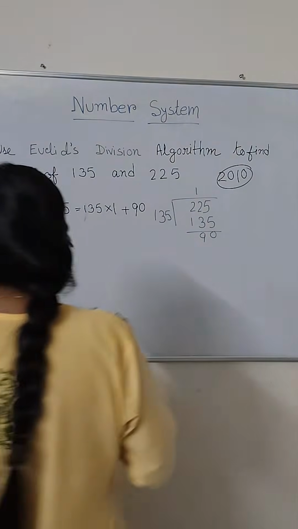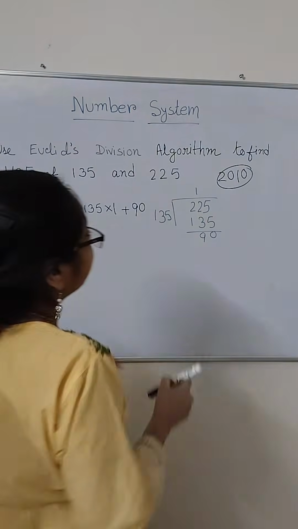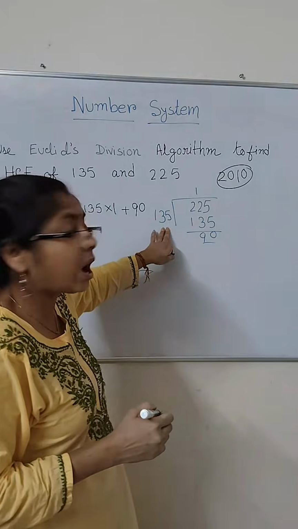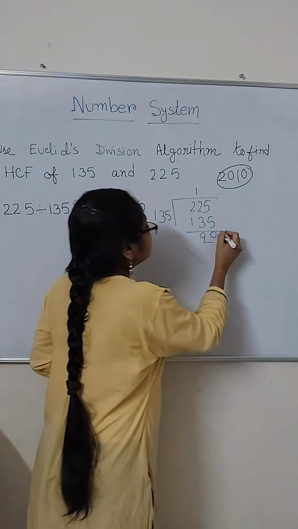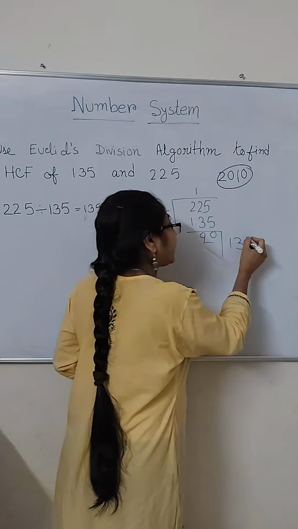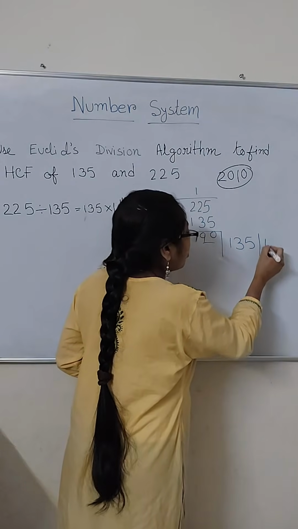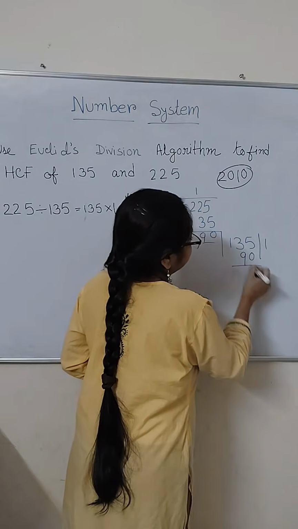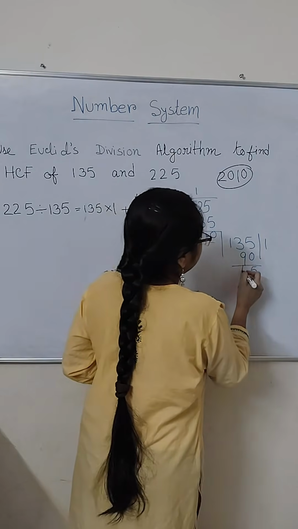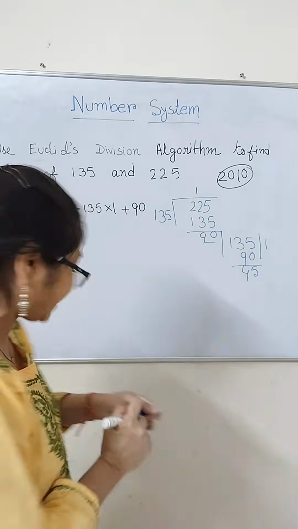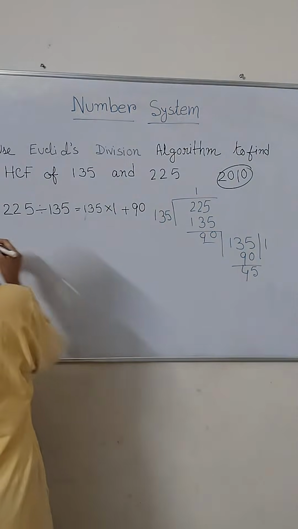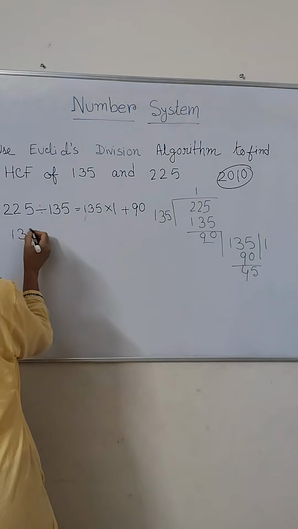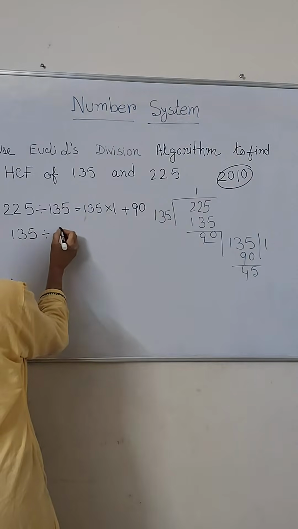Now what's the second step? The second time, 90 is our remainder, and now I divide 135 by 90 like the division method. Only the writing pattern changes. Second step: 135 divided by 90.